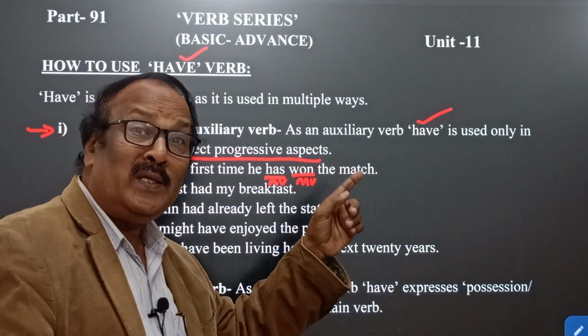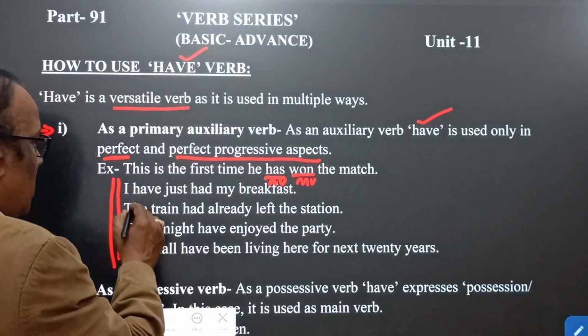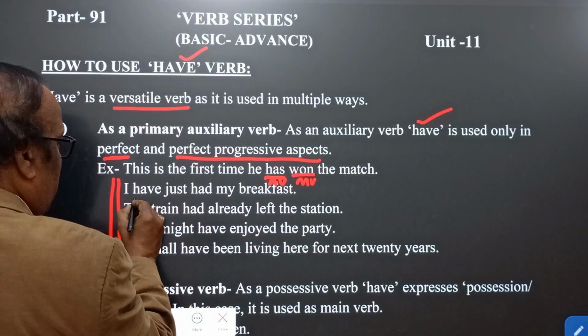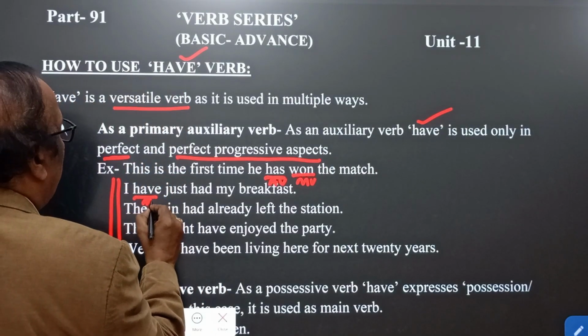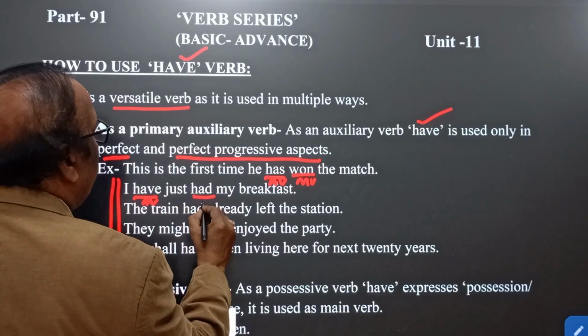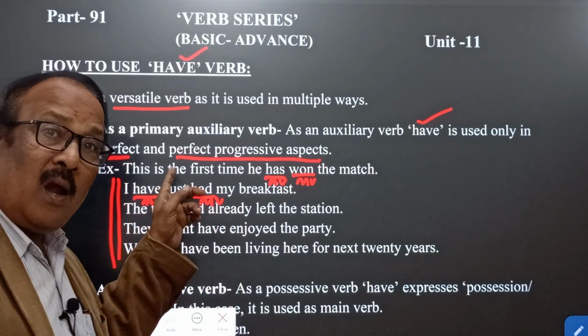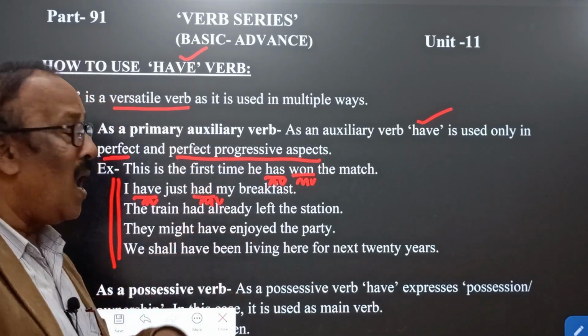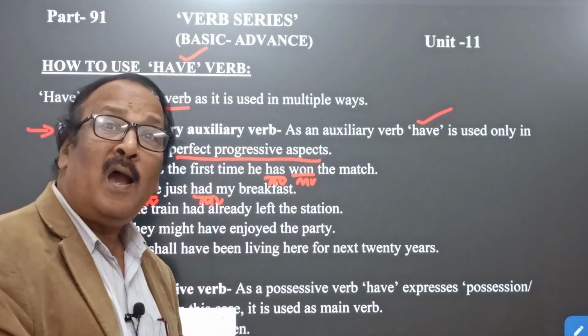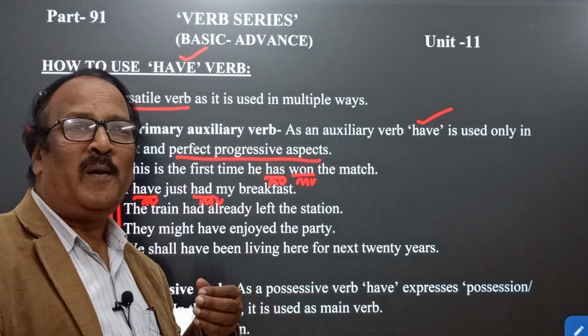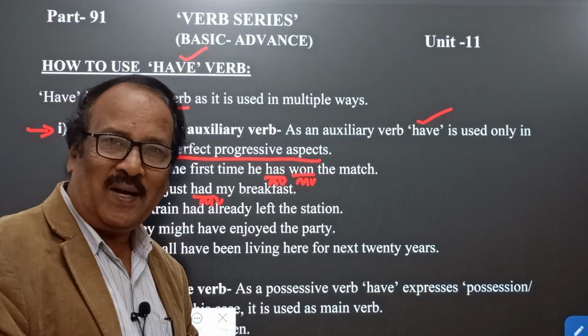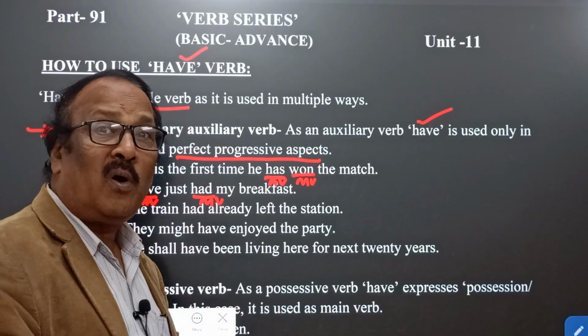This is the present perfect. Next, I have just had my breakfast. Here have is the auxiliary verb and had is the main verb. It means I have just taken or eaten my breakfast. This is also present perfect.